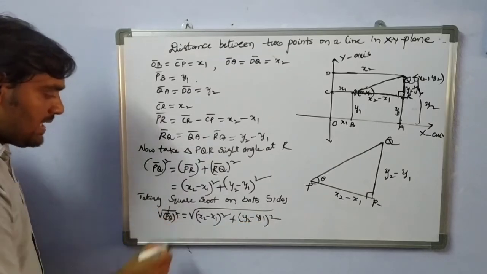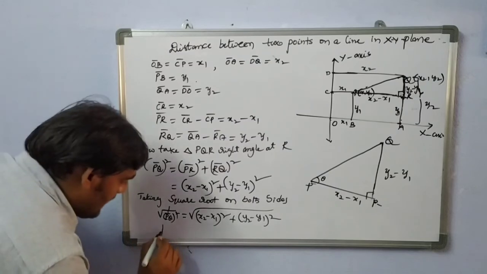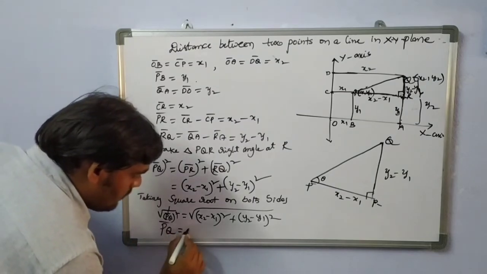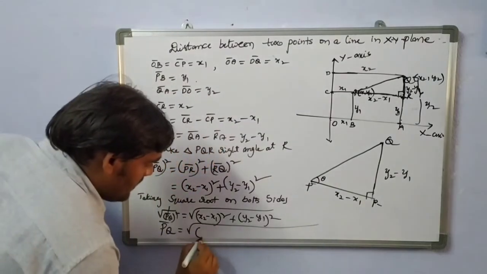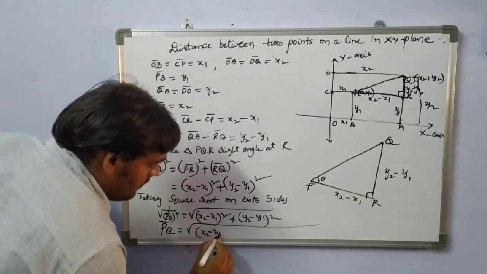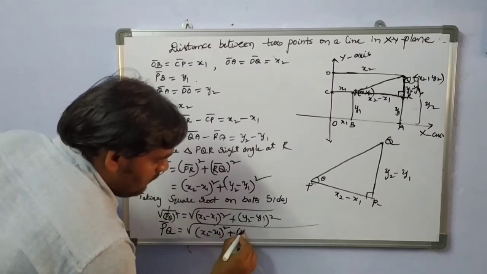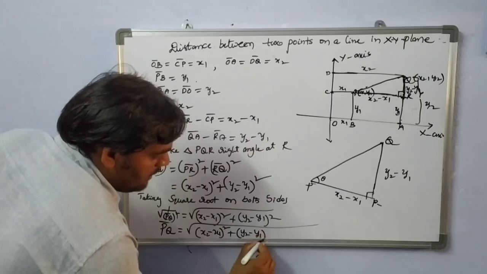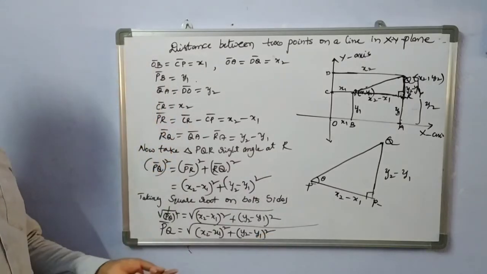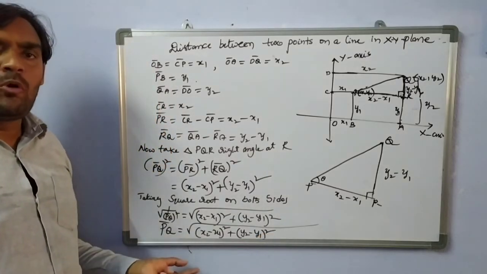Now square root gets cancelled. Therefore, we will get PQ bar is equal to square root of x2 minus x1 whole square plus y2 minus y1 whole square. This is the formula to find distance between 2 points.